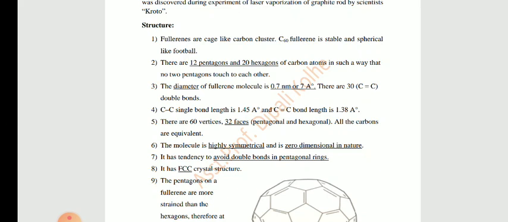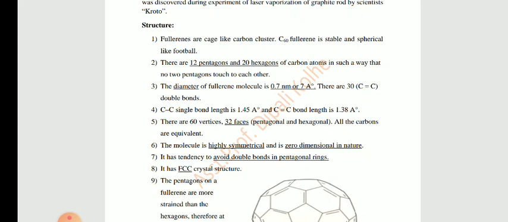There are a total of 30 carbon double bonds in C60 fullerene. The carbon single bond length is 1.45 angstrom, whereas the carbon double bond length is 1.38 angstrom. In C60 fullerene, there are 60 vertices, 32 faces, pentagonal and hexagonal, and all the carbon atoms are equivalent.